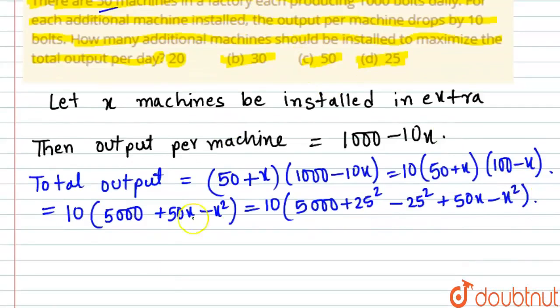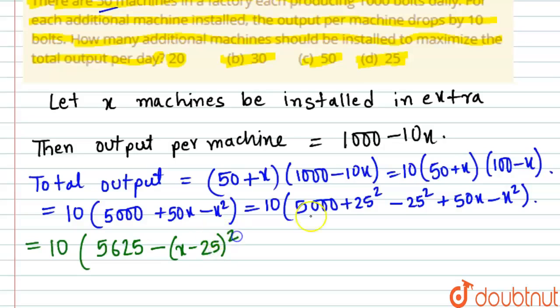So this brings us to the total output as 10 times 5625. Then this is just basically x minus 25 whole square and a minus in front, because if we take the minus out, this becomes 25 square minus 50x plus x square. 50x would be 2 times 25, and that makes it x minus 25 whole square.